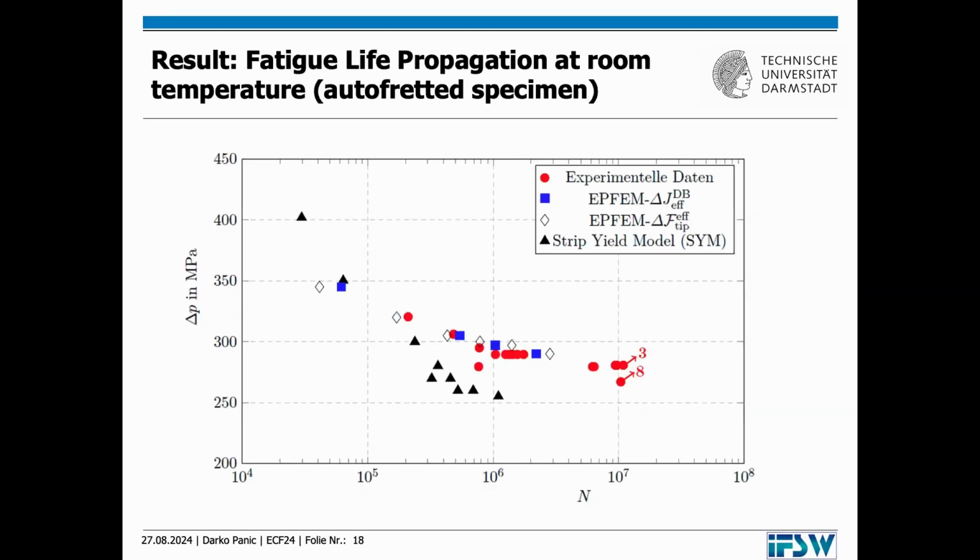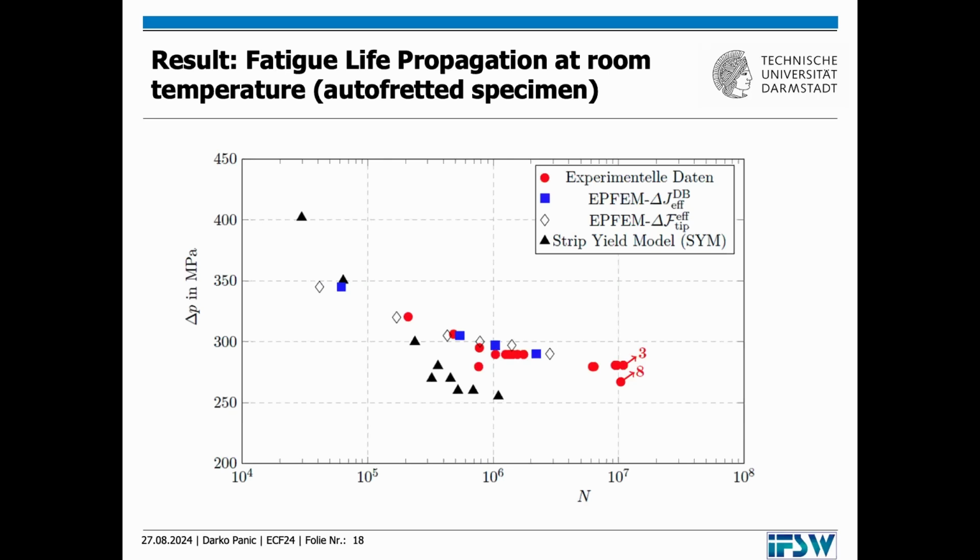Dario, 1 minute. Yes. Here the results for the lifetime assessment are shown, and we see that JDB shows higher lifetime values than F-tip in the low cycle range here. In high cycle range, the situation reverses, so the JDB shows shorter lifetimes compared to F-tip.